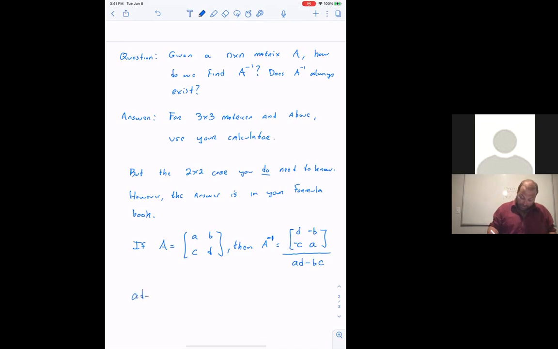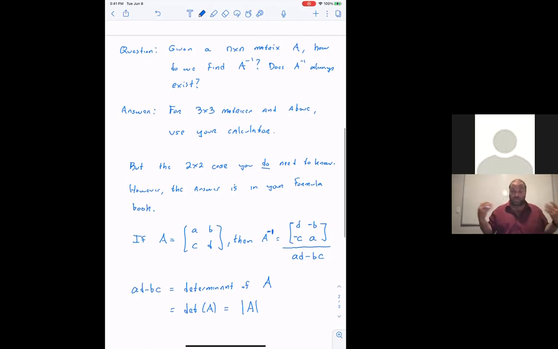ad minus bc is so important that we give it a name. It is called the determinant of matrix A, often written as det A, or just A in what looks like absolute value signs, but they're not. It's a determinant sign. What's the determinant of a 3 by 3 matrix, a 4 by 4 matrix, and so on? Don't worry, you don't have to know.